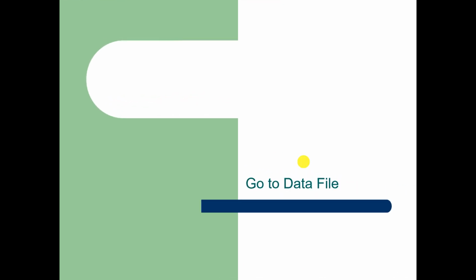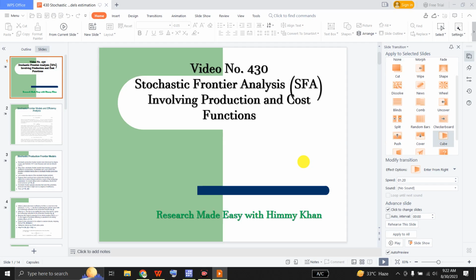So, after this introduction of the background and the theory of stochastic frontier production and cost models, we are now in a position to estimate some of these models in Stata.